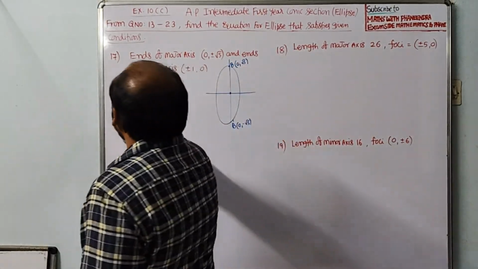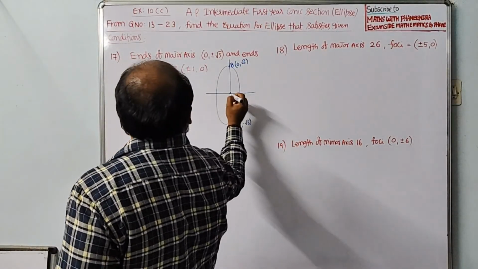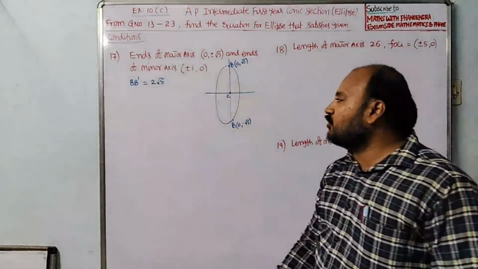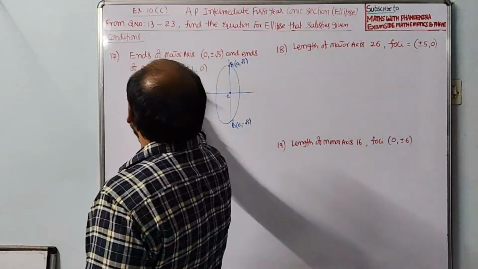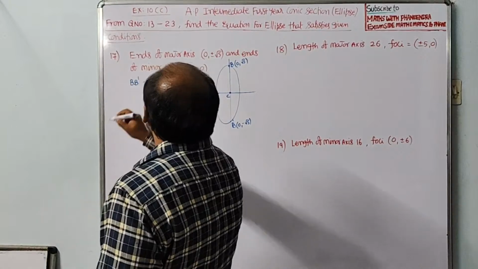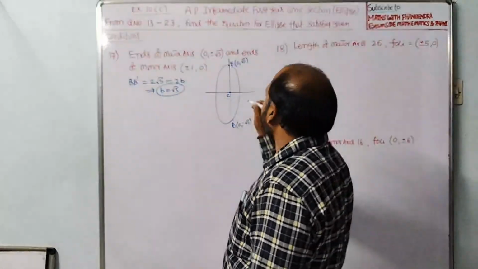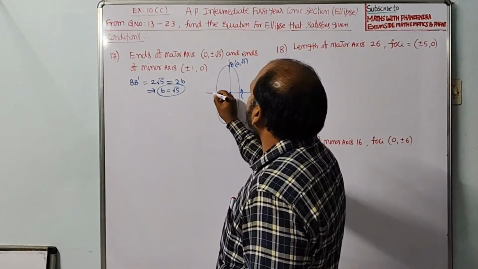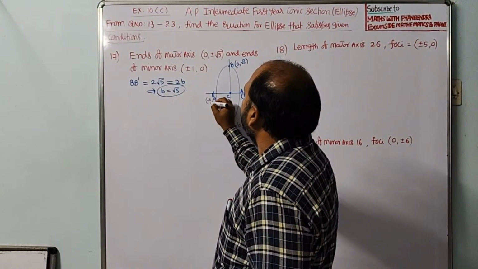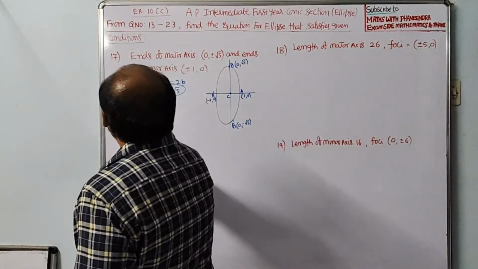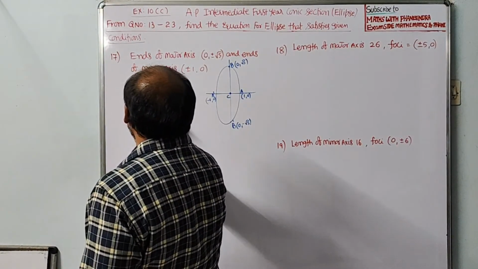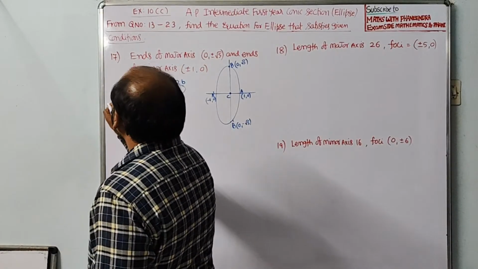So B dash is equal to 2 root 5, which is equal to 2b. That implies b is equal to root 5. Next, ends of minor axis, here it is A dash, 1 comma 0, minus 1 comma 0. So A dash is equal to 2, that is equal to 2a, a is equal to 1.